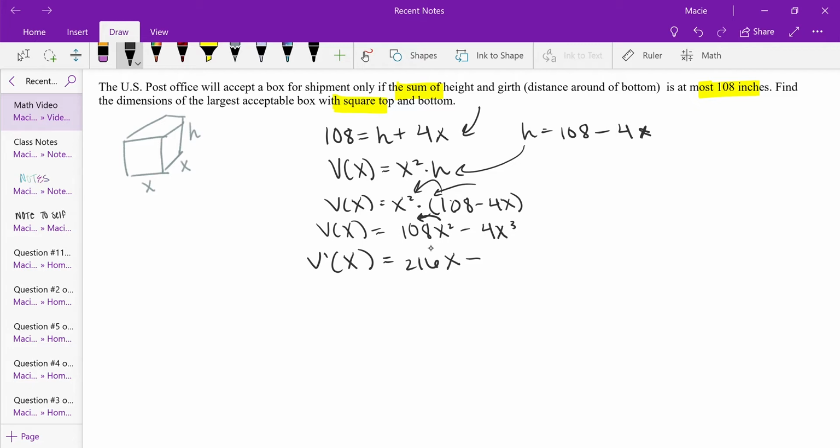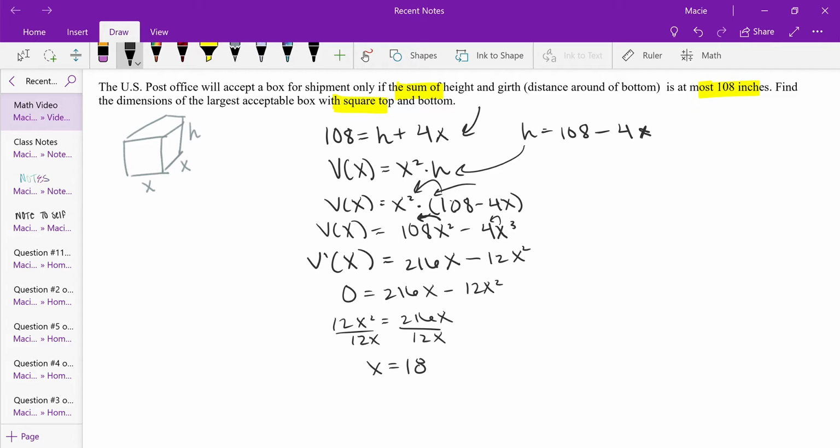You do the same down here, so 3 times 4, which is 12, and 3 minus 1, which is 2. Then we set that equal to 0 to find the critical number. We add 12x squared on both sides, and then divide by 12x, which gives us x equals 18.